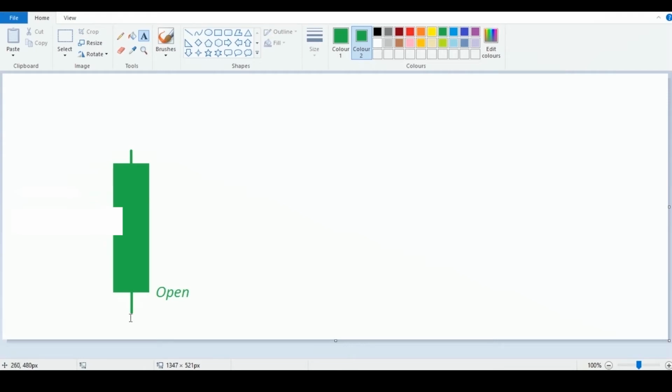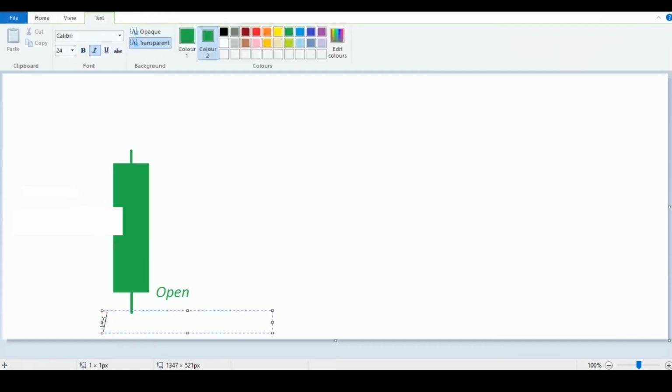Now, what this means is that price reached this point and then turned around to go in the opposite direction. All this point is telling you is that I went down to that price. This is called a shadow. It leaves a shadow behind whenever it goes down to a certain price, and we call this the lowest low.